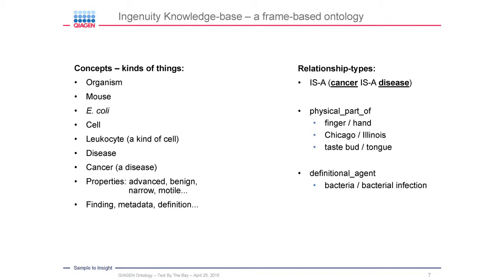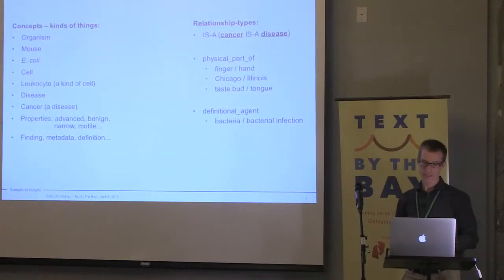So in addition to those kinds of concepts, we also have a list of types of relationships. The most frequently seen kind of relationship is the is-a relationship, so something that is more specific than something else. Cancer is a disease. Other examples, physical part of: finger is a part of hand, Chicago is part of Illinois. Or at a different kind of level, a definitional agent.